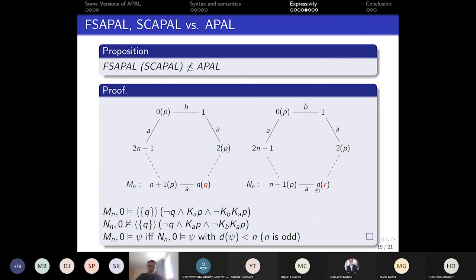In this way, we can make an induction on all APAL formulas such that we show that this psi is true on MN0 if and only if psi is true on NN0. So therefore, we can show that APAL is not at least as expressive as FS-APAL.